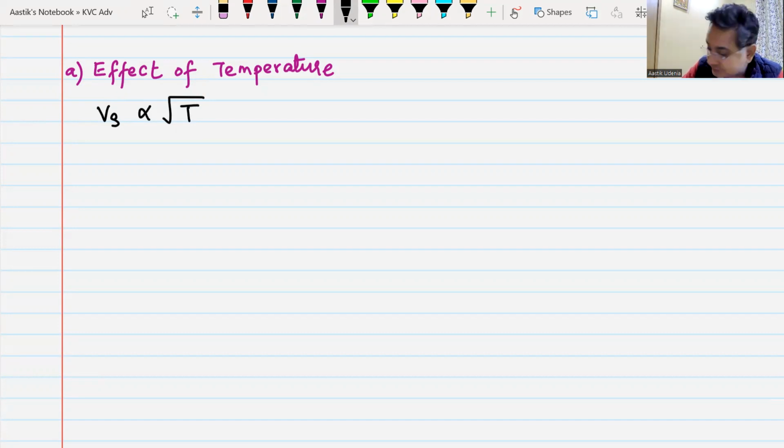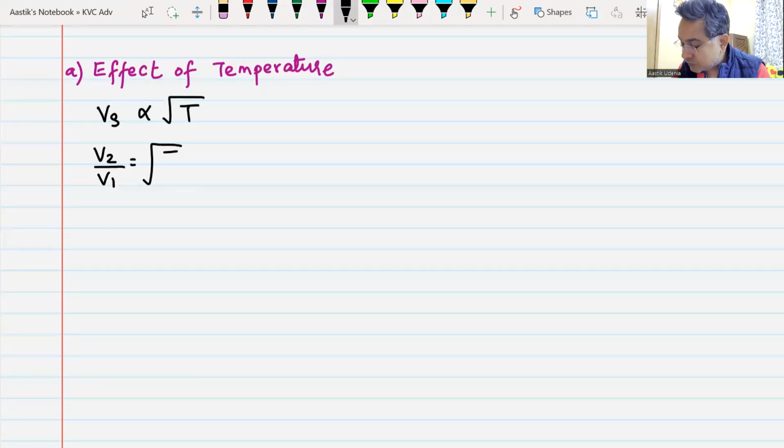Yes, sir. So speed of sound is directly proportional to root of T, or you can write V2 by V1 will be equal to under root of T2 by T1. Remember, both the temperatures have to be in the absolute unit.